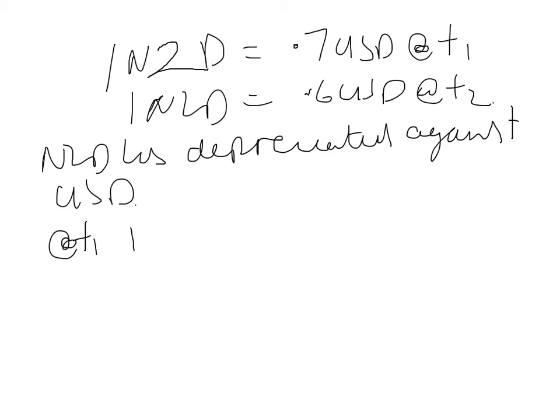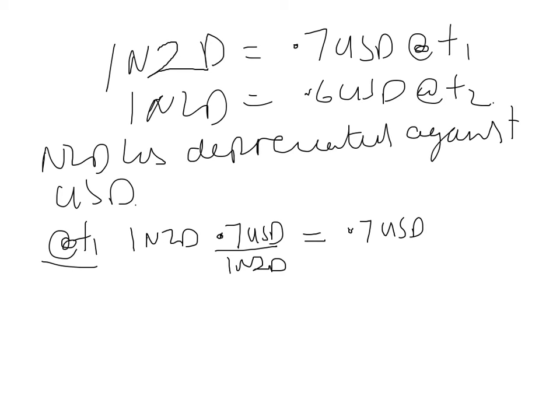So look, here is 1 New Zealand dollar. So now we're going to do the flipped ratio thing. We're going to choose the right ratio, and so that'll be 0.7 US dollars over 1 New Zealand dollar. They'll cancel out, and the answer we'll have is 0.7 US dollars. Remember, that's at T1.